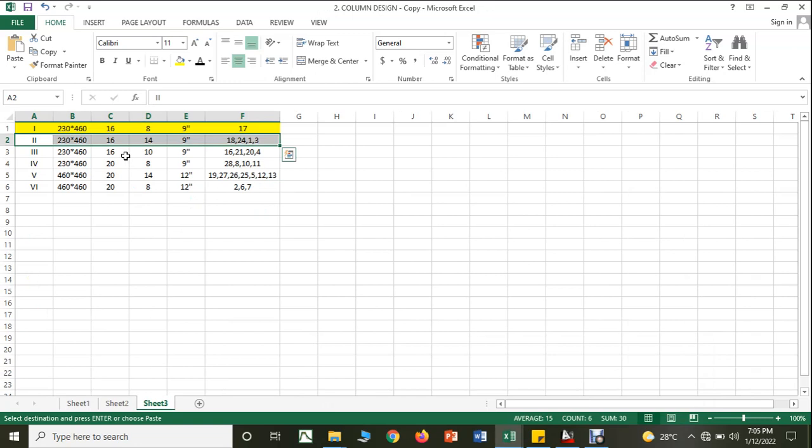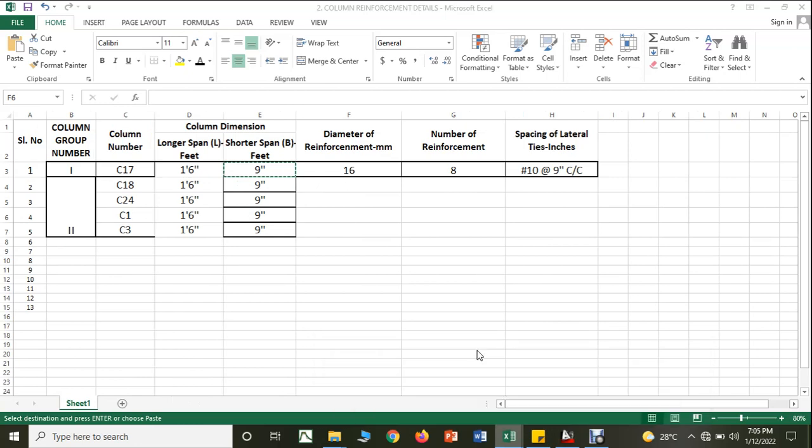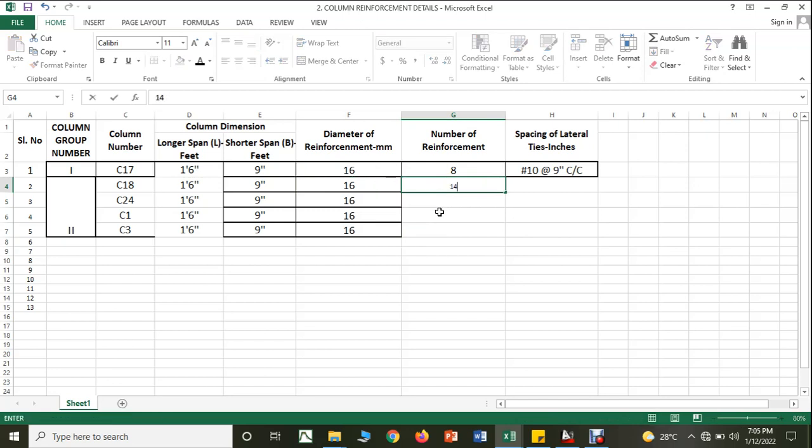Then what is the diameter that I am going to use? The diameter will be 16 mm, and I am using 14 numbers of rods. 16 mm, 14 in numbers. And what is the spacing?